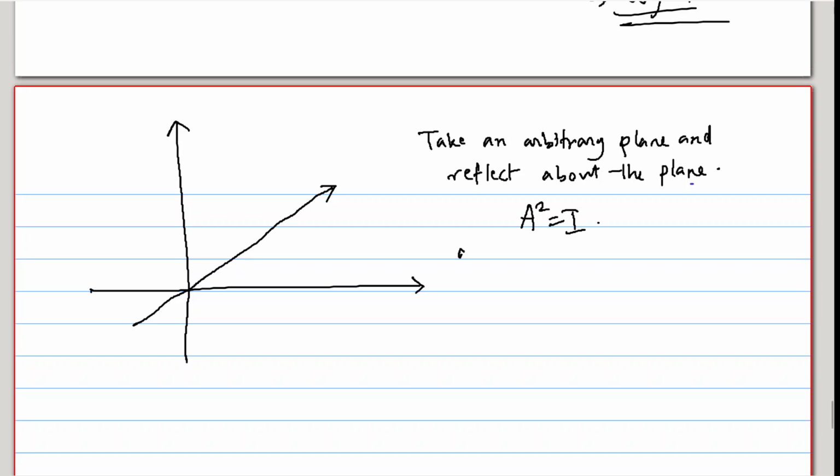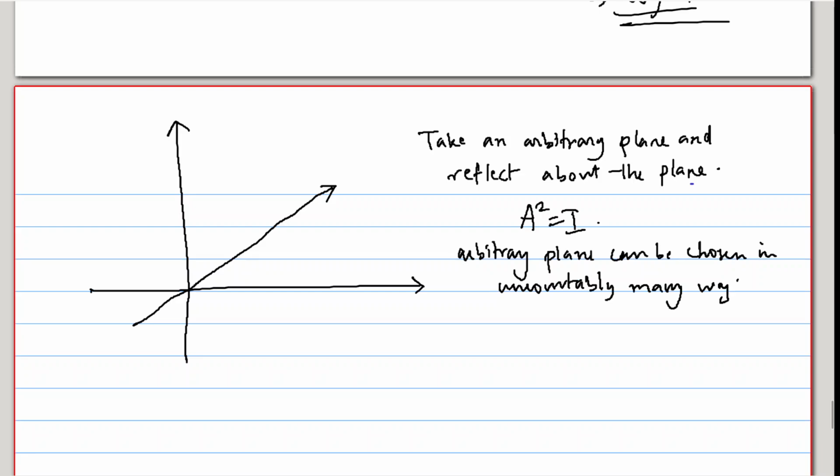Now this arbitrary plane can be chosen in uncountably many ways. Is this okay?